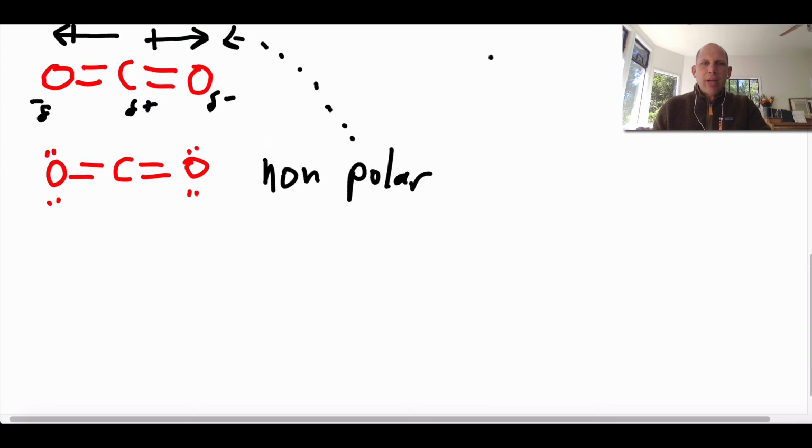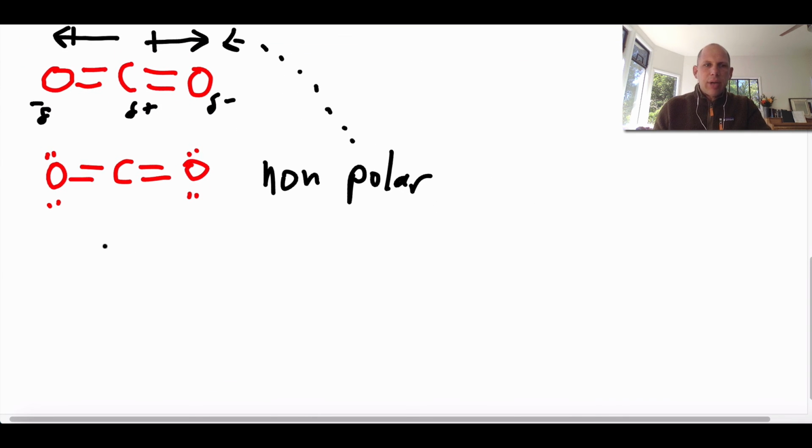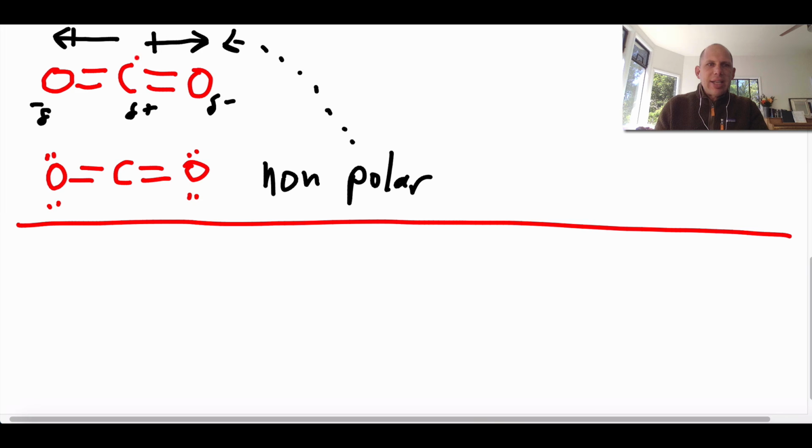Okay. But now let's compare that, and I'm going to do that right down here. Let's compare that to another molecule. Now, what if this was a bent molecule, like water? You know what? Let's actually not use water.